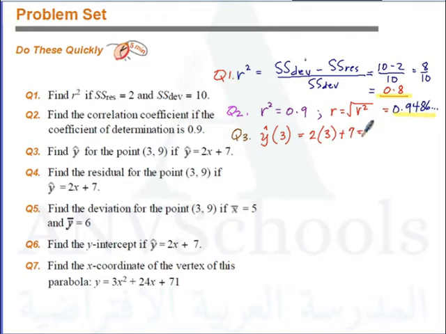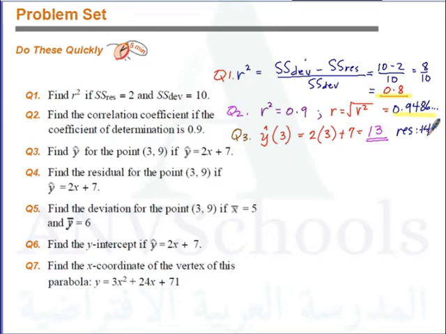That's 6 plus 7, which is 13. And the residual is from that point to y hat, which would be positive 4 units.